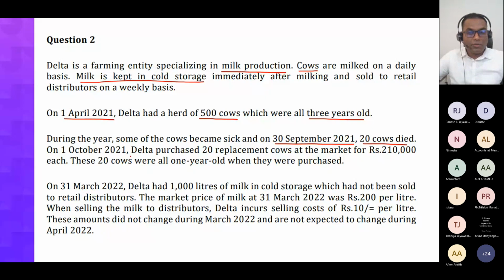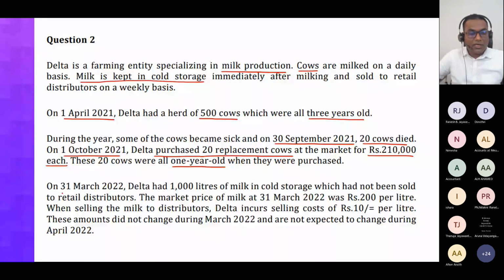Then on 1st October 2021, the next day, Delta purchased 20 replacement cows at the market for 210,000 each. So you paid 210,000 for each cow. These 20 cows were 1 year old when they were purchased, and the purchase happened on 1st October 2021, the middle of the year.